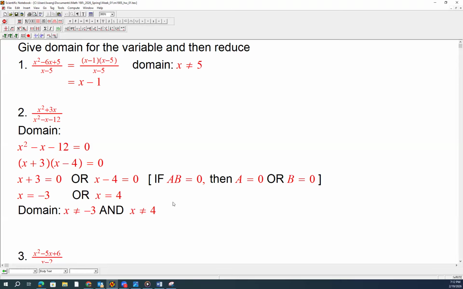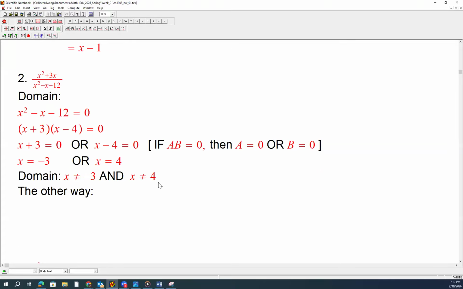The other way is to set the denominator not equal to 0. Then step by step, we have to think logically.